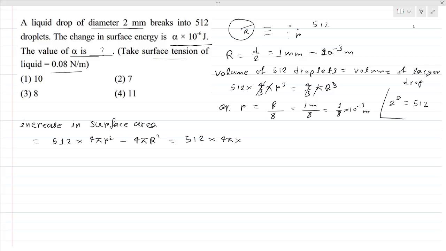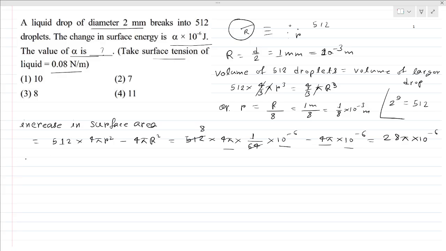If I put the values, small r square equals 1 by 64 into 10 to the power minus 6, minus 4 pi into R square, which is 1 millimeter, so 10 to the power minus 6. So 512 by 64 will be equal to 8. If I take common 4 pi 10 to the power minus 6, then 8 minus 1, that means 7, so 28 pi into 10 to the power minus 6.